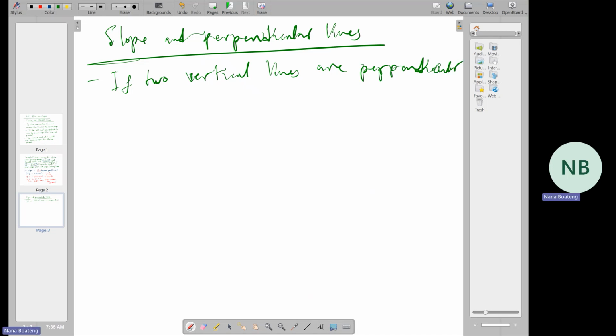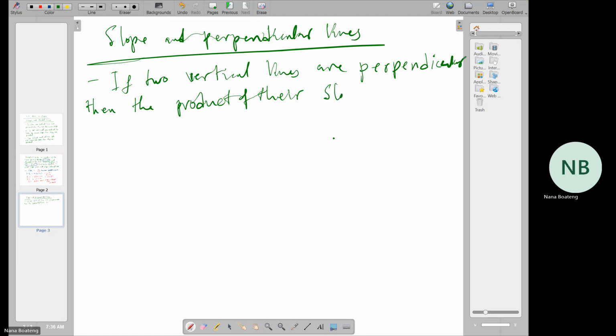If two non-vertical lines are perpendicular, then the product of their slopes is -1, which means the slope of the first line, m1, multiplied by the slope of the second line, m2, equals -1.